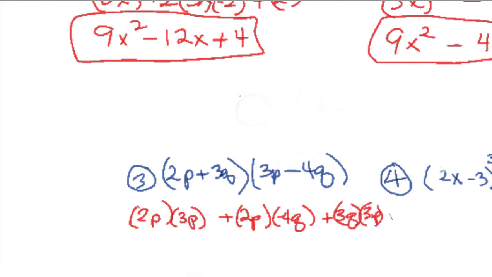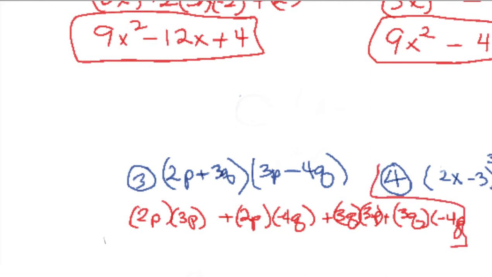And then the last one would be minus, running out of space here, 3q, or plus the 3q times the negative 4q. Ran a little bit into the space of the other problem.